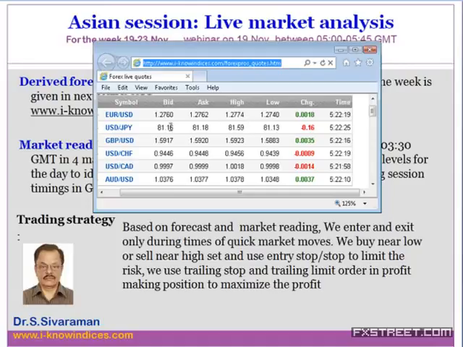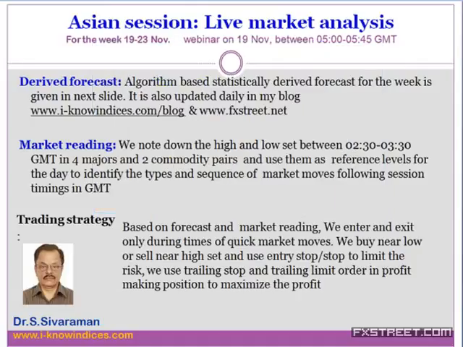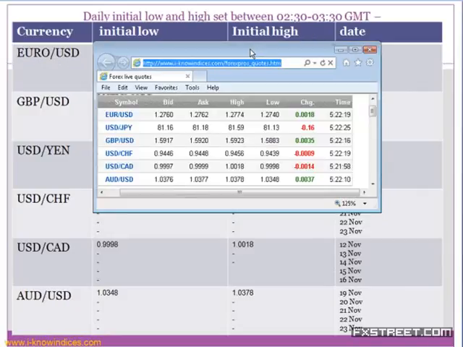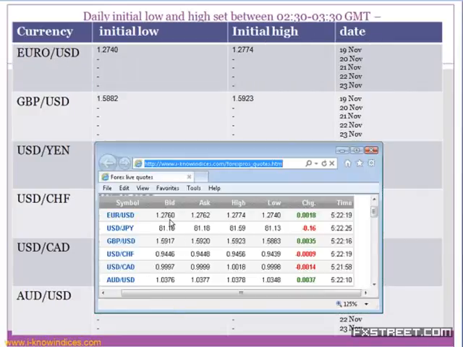Now coming to the live market quote page, let me also refer to the initial lows and the highs. Simultaneously, I will try reading the live market quote page as well as the initial lows and the highs. You find Euro has formed 1.2740 as the low, 1.2774 is the high, and both of them are not breached.